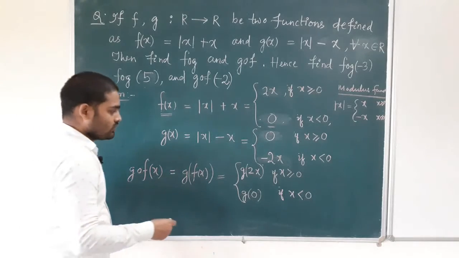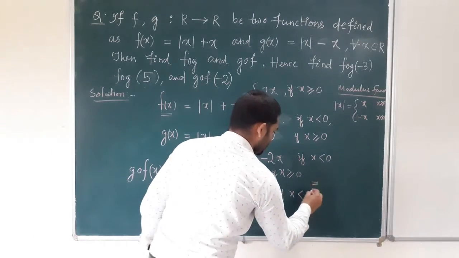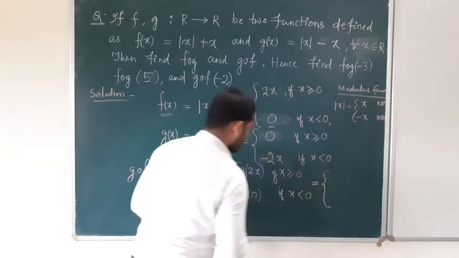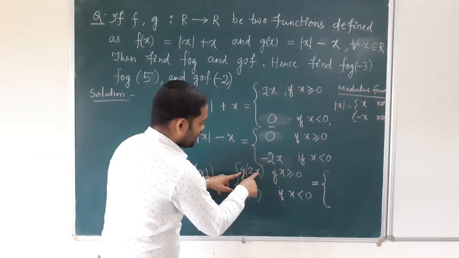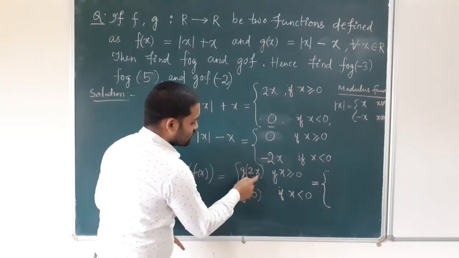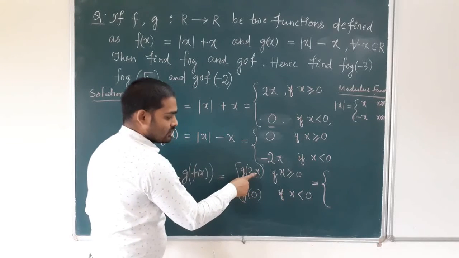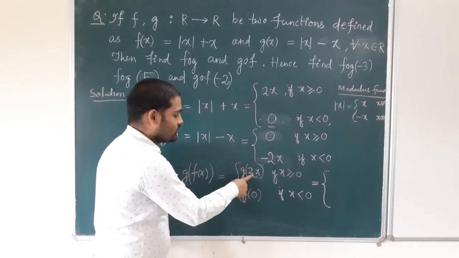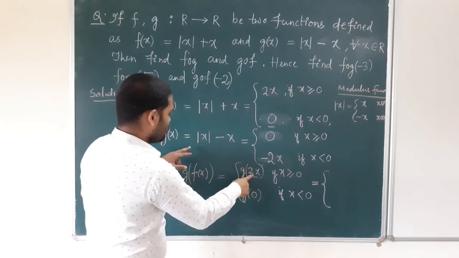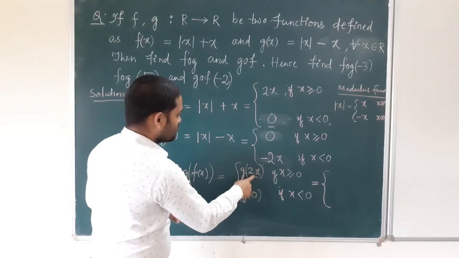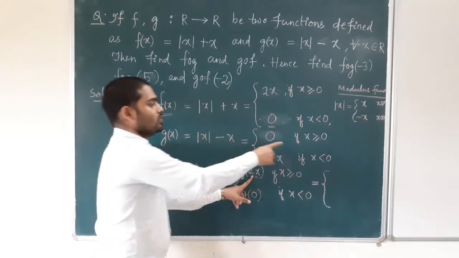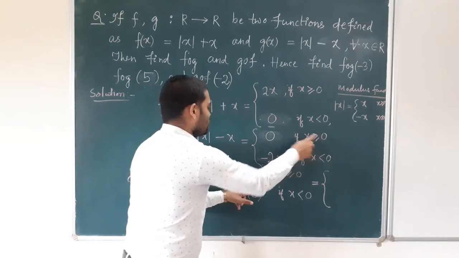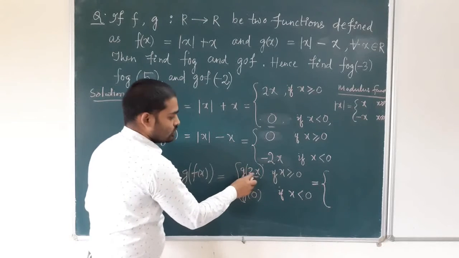Now you can write the same here, g of 2x. 2x is positive here, so for a positive value, the input is 2x.